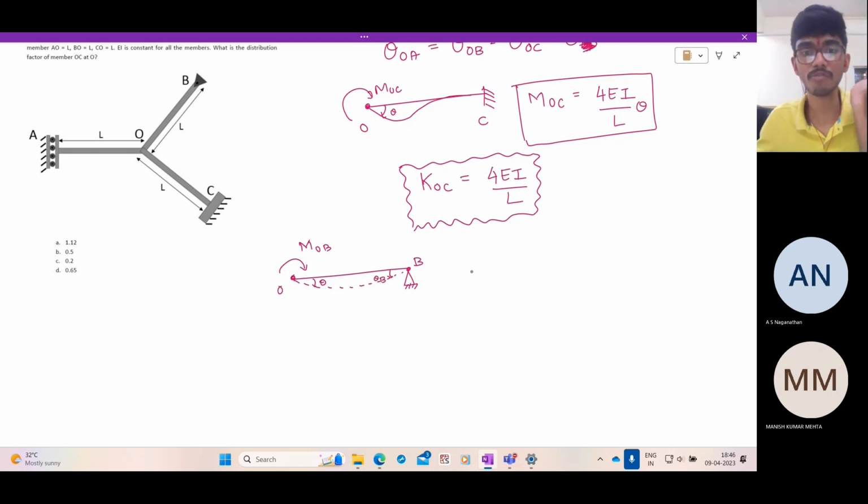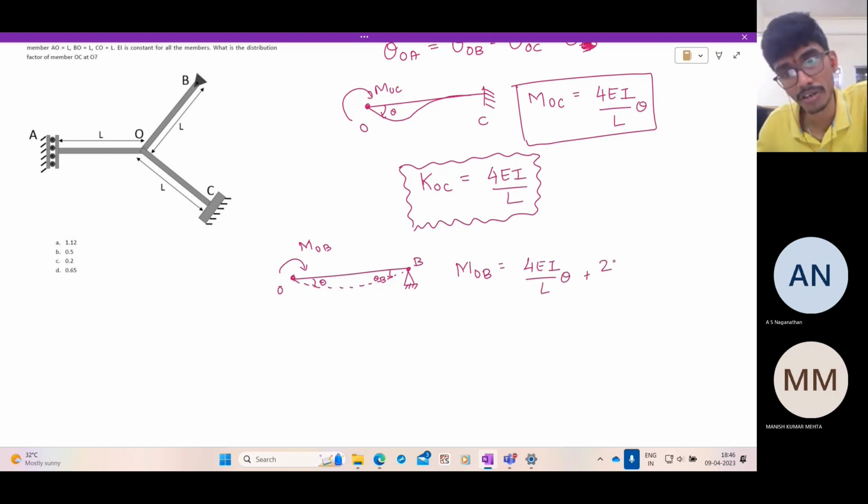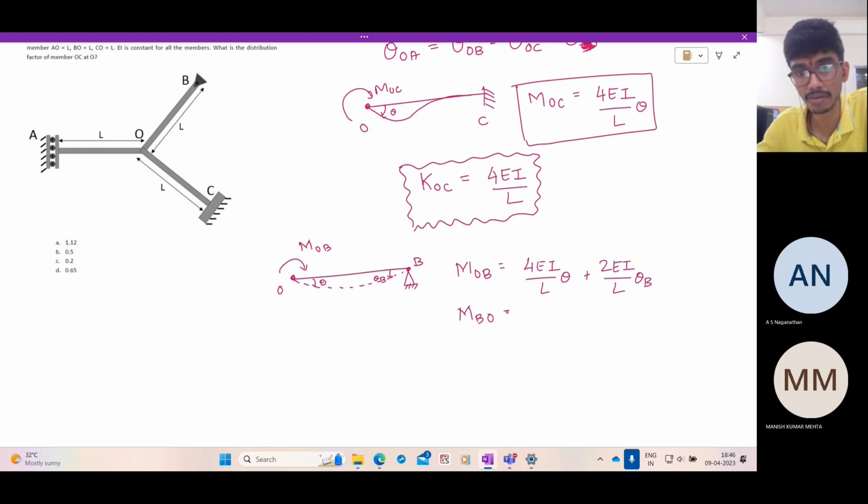Now, if we write down the slope deflection equations for this span, we get MOB is equal to 4EI by L theta plus 2EI by L theta B minus 6EI by L square delta, which is 0, and MBO is equal to 2EI by L theta plus 4EI by L theta B. Now, what do we know?